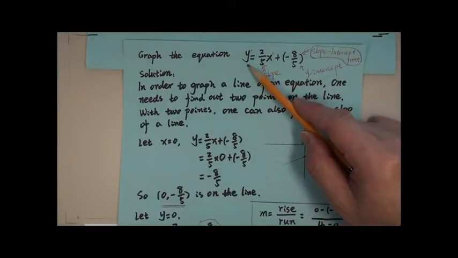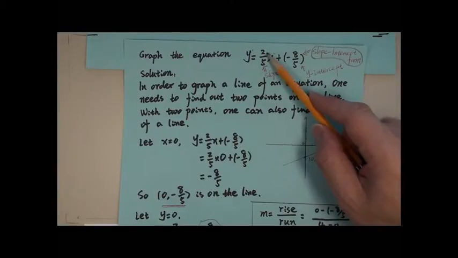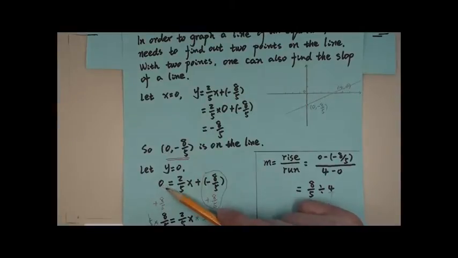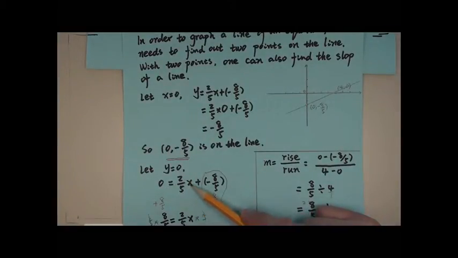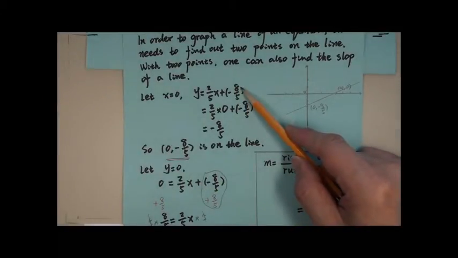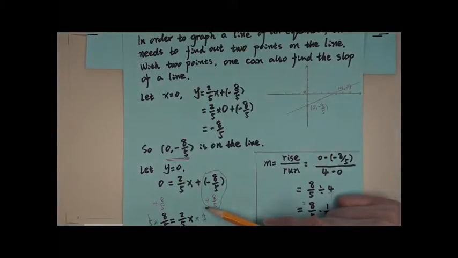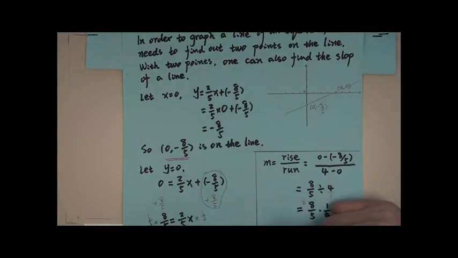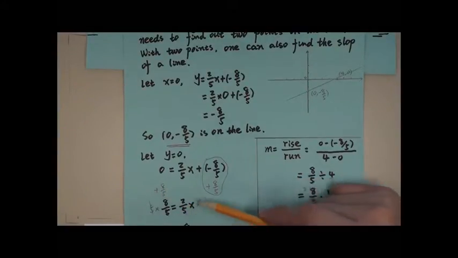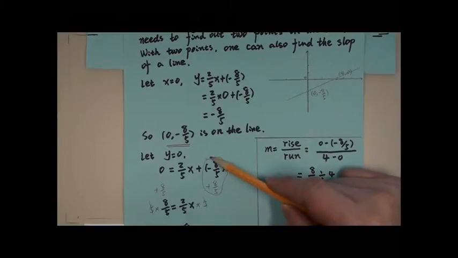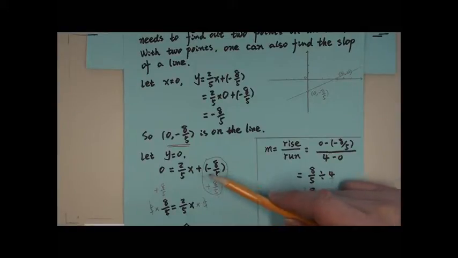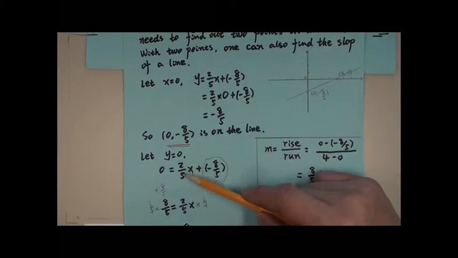Previously this was the equation. If y is 0, then on the right-hand side you have 2/5 times x plus the constant negative 8/5. So you want to solve for x. Add 8/5 to both sides, so you may cancel that. Then the left-hand side is 0 plus 8/5, which is 8/5, and the right-hand side is 2/5 times x.